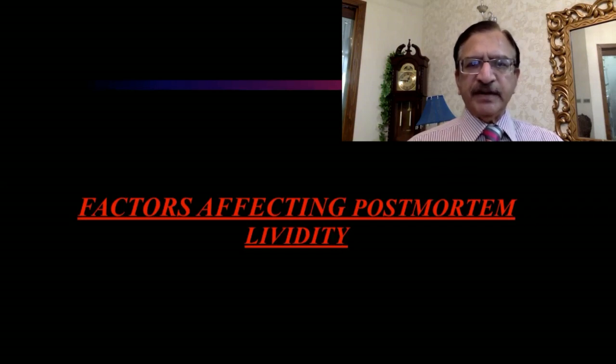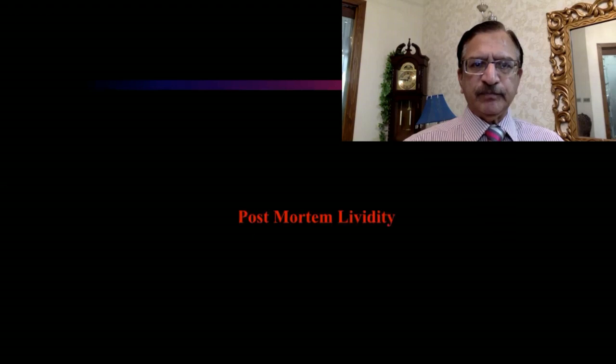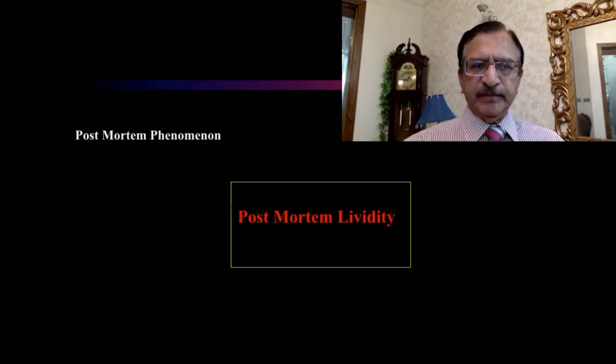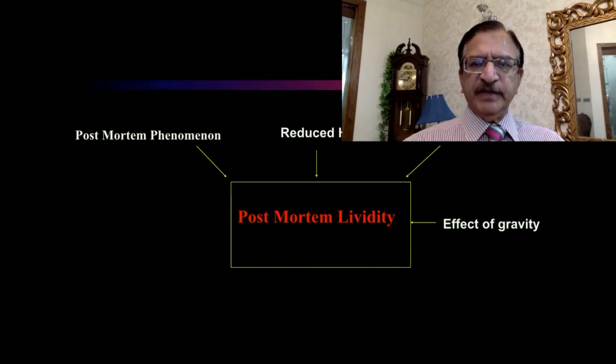Then what are various factors which affect postmortem lividity? The postmortem lividity is a postmortem phenomenon, and it is due to reduced hemoglobin. There is fluidity of the blood initially, and because of the effect of gravity, it will flow down to the dependent region.